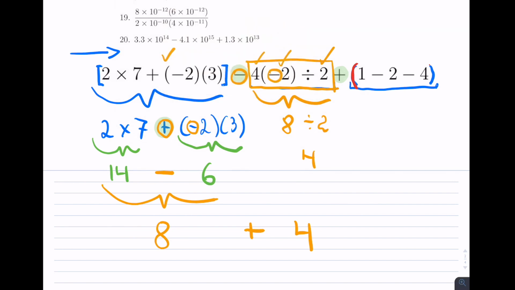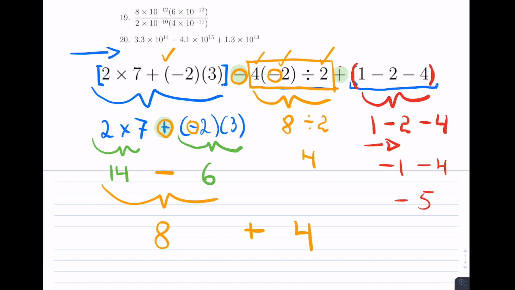Now my last. Inside of this bracket, I have 1 minus 2 minus 4. So nothing really to do but just the subtraction. 1 minus 2 is negative 1. Minus 4 is negative 5.